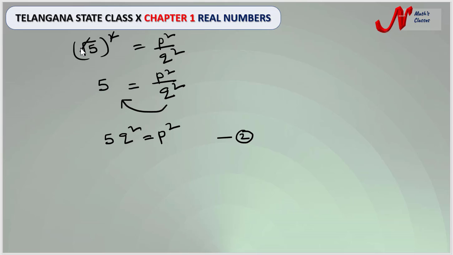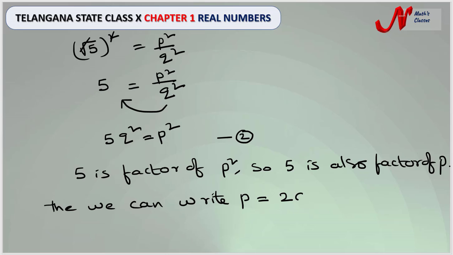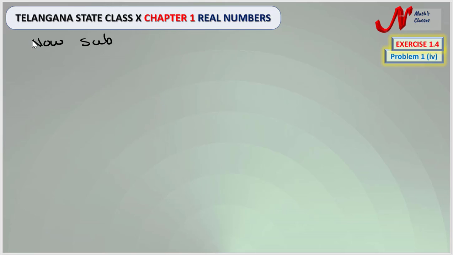So from this equation we can say 5 is a factor of P square. So by the fundamental theorem of arithmetic we can say 5 is also a factor of P. Then we can write P is equal to 5C, where C is any integer. Now substitute P is equal to 5C in equation 2.